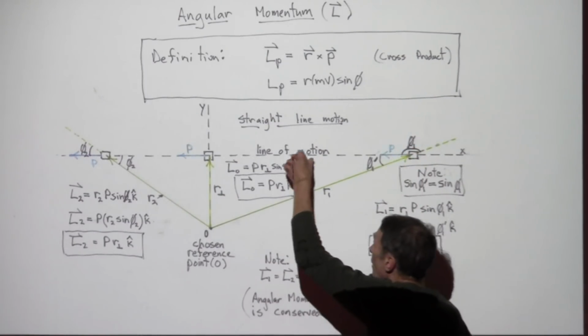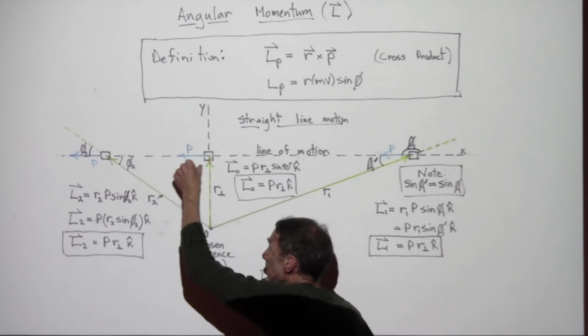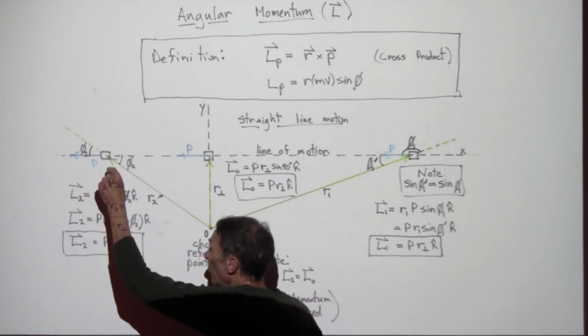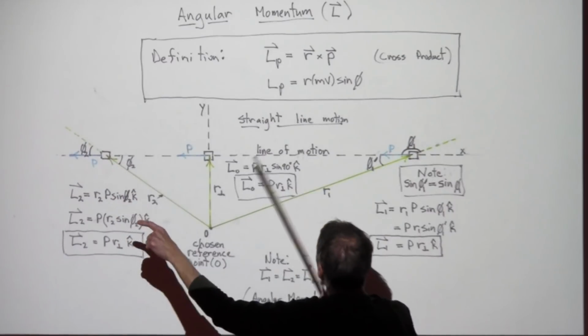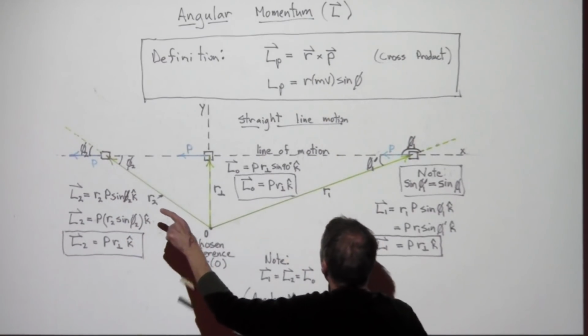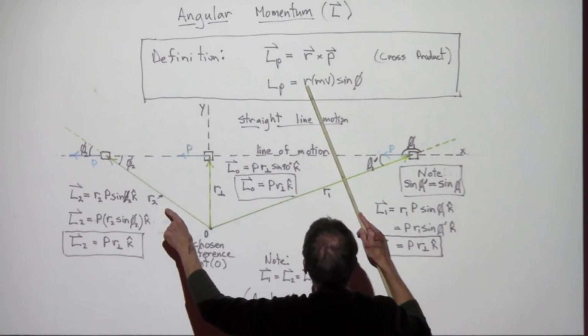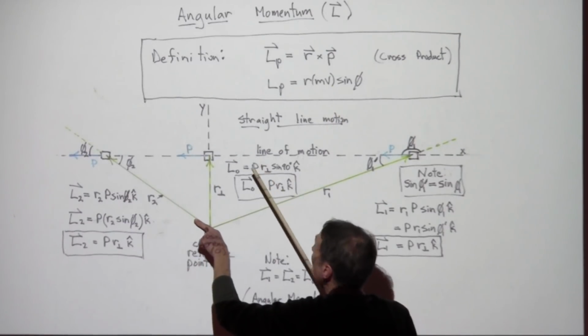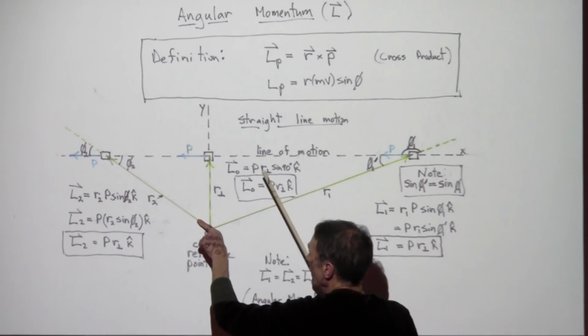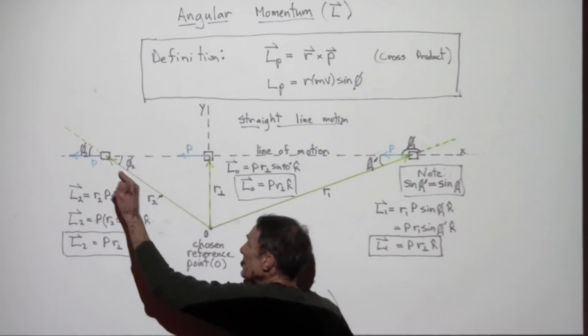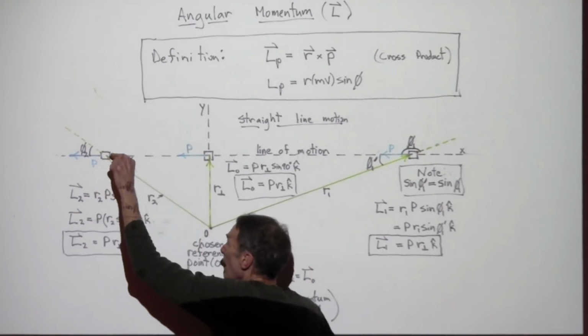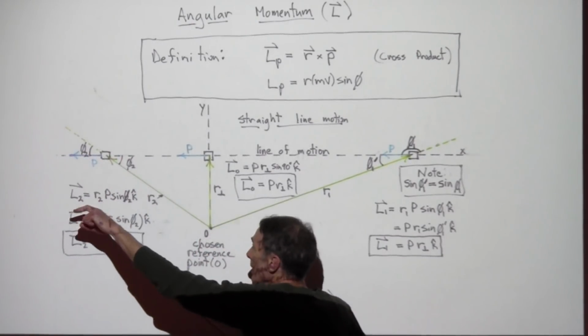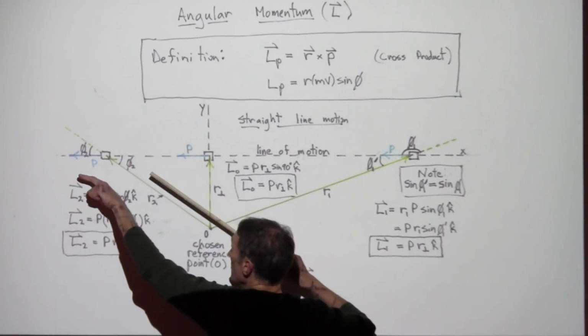But let's say we're moving along here, and we pass through here, and let's say I've got some general point out here. The idea of R cross P, that's going to be R times MV times the sine of the angle between them. The R goes out to where this is located. The P is this way. When we do the cross product, we measure the angle.